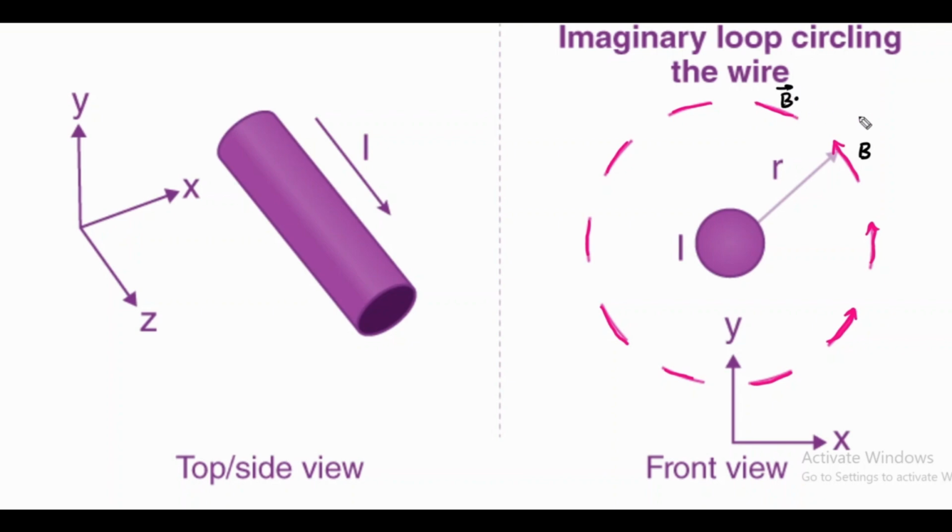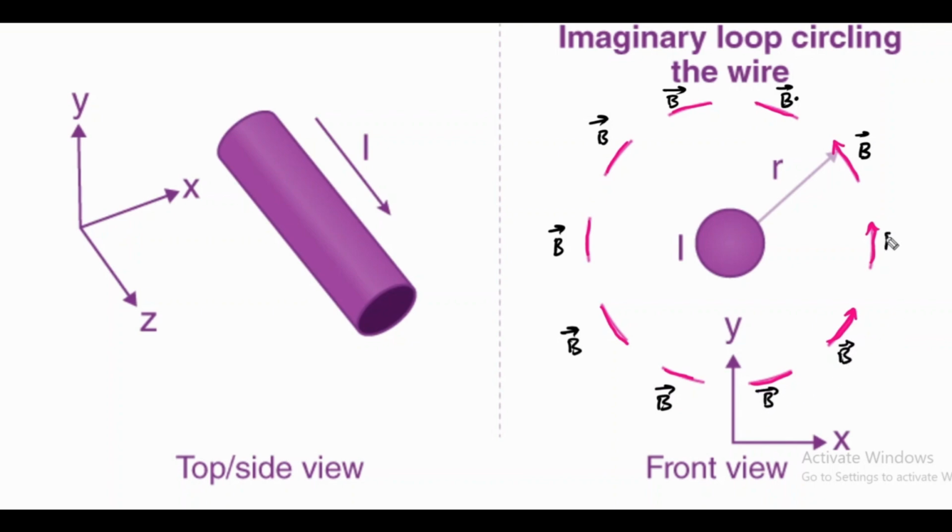This is the magnetic induction in here, and also here, and for each and every part of the Amperian loop there will be some magnetic induction.